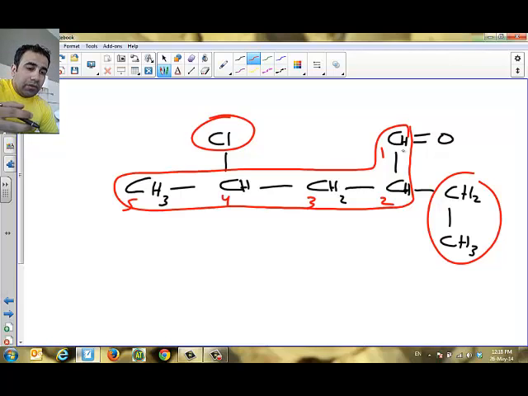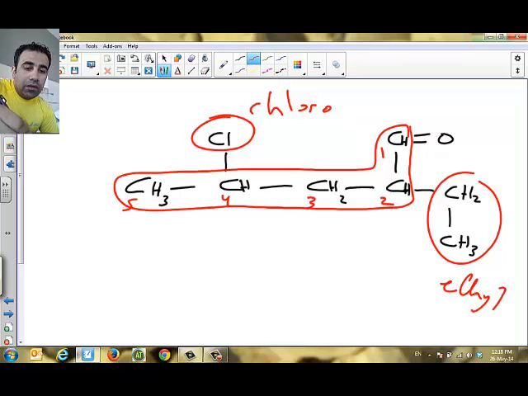So we have 2 groups, one of them is called chloro, one of them is called ethyl, and sure, because C comes before E, we have to start with it.